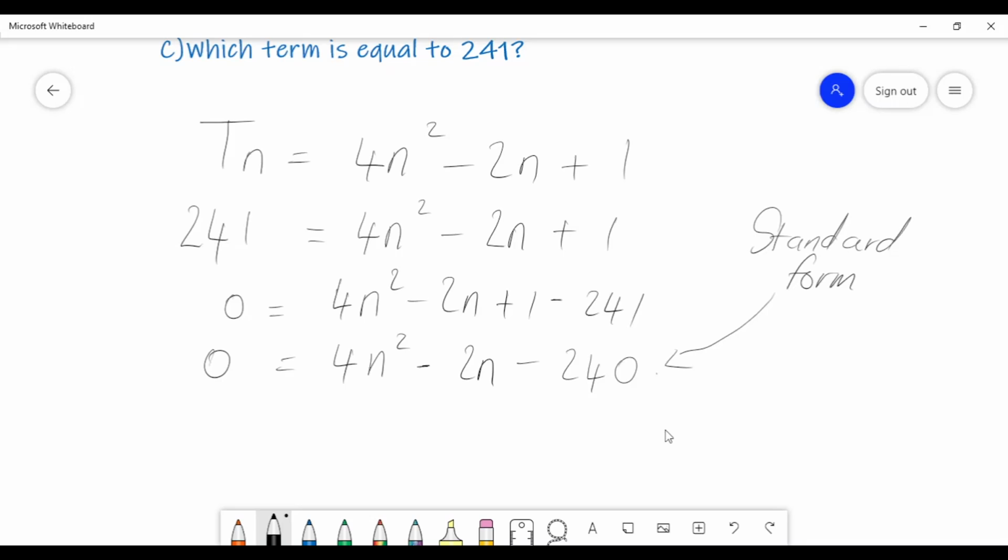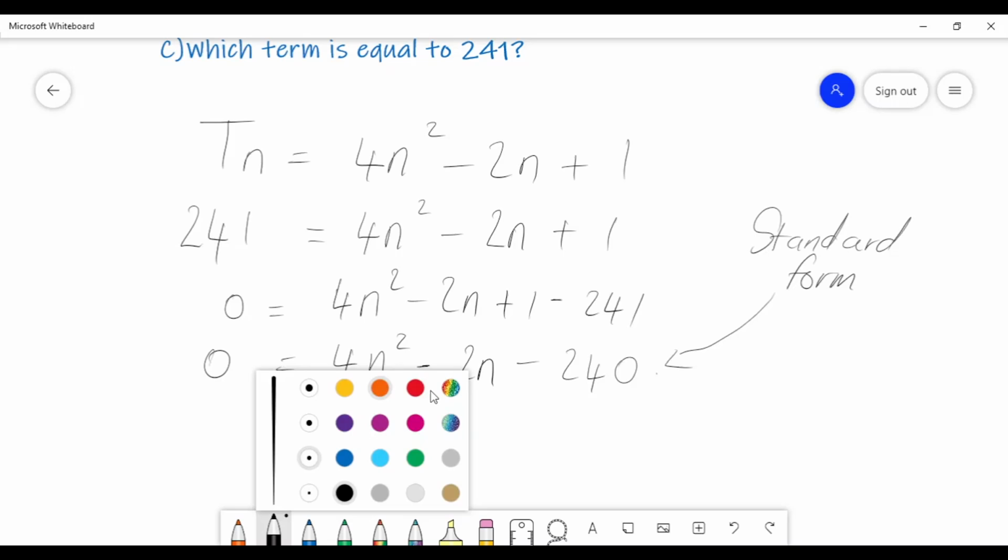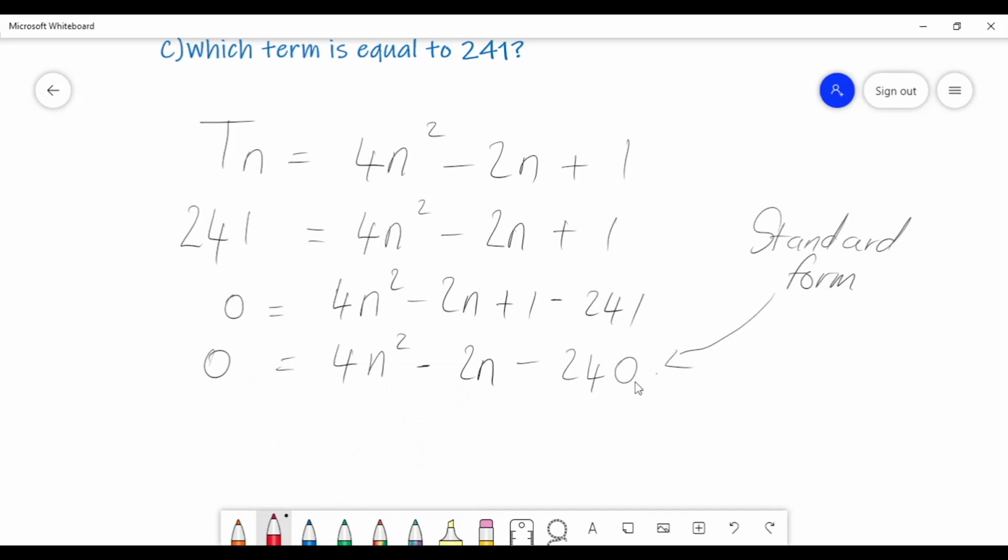Because it's in its standard quadratic form, we can use the quadratic formula to solve this equation. Or you can just simply find the factors of 240 that if you add or subtract them will give you negative 2, and if you multiply them together will give you negative 240.